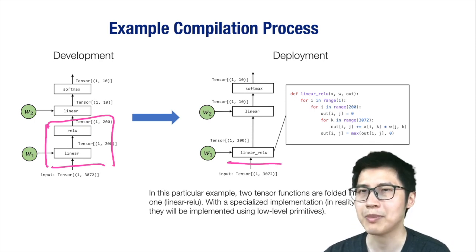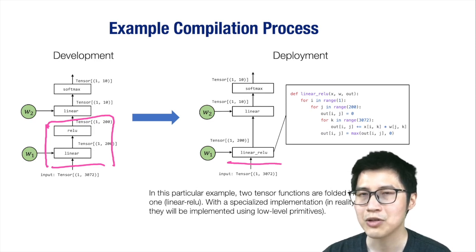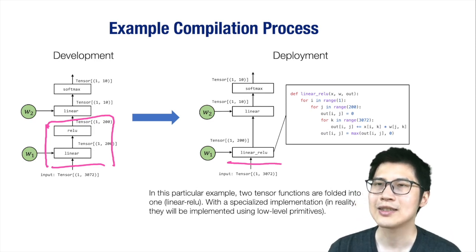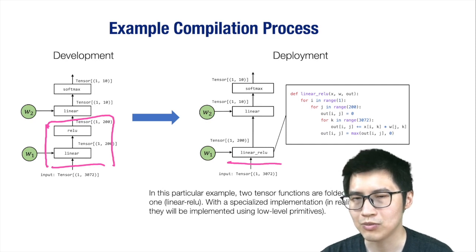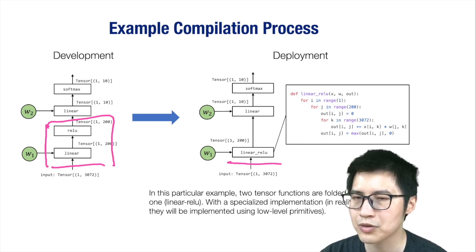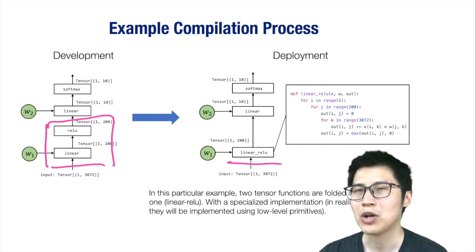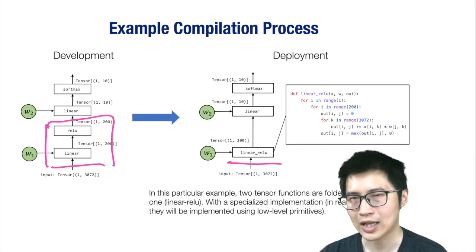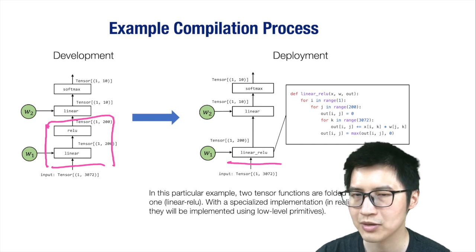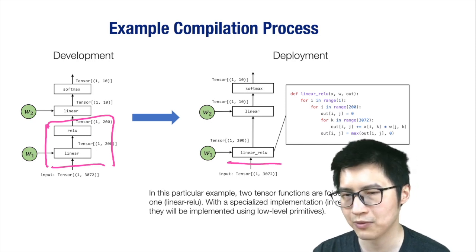If you've used frameworks like PyTorch and others before, you might have seen fused operators. They are not necessarily directly exposed to you behind the scenes, but when we use libraries like CUDNN and others, they usually come with those fused operators that we can take benefit of.